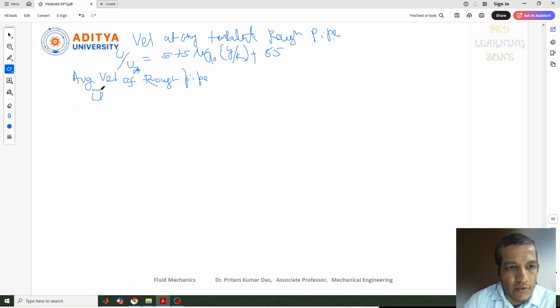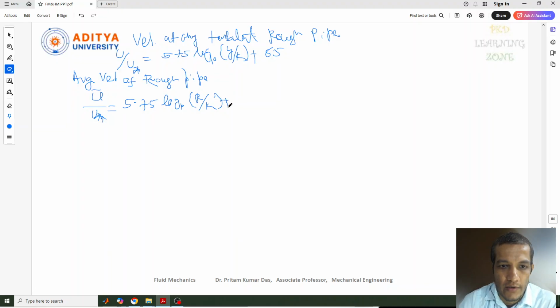So here also, u bar by u star equal to, we can write the equation, 5.75 log 10 into R by k plus 4.25.